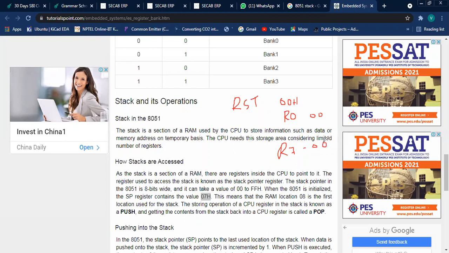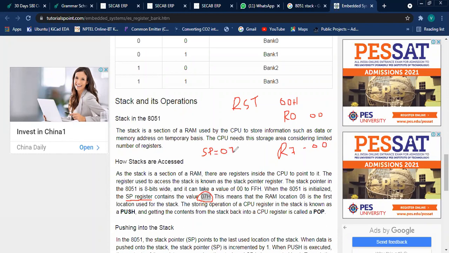But one condition is there: the stack pointer register. The value of the stack pointer register will be 07H. It will not go to 00.